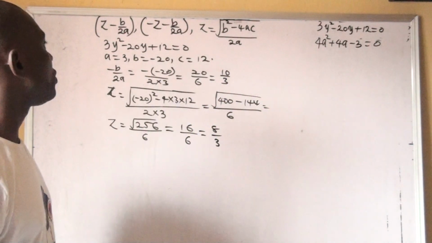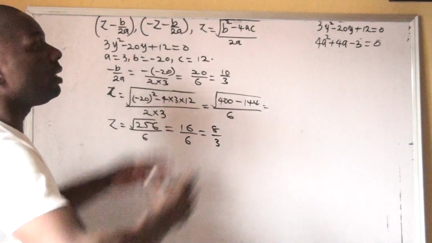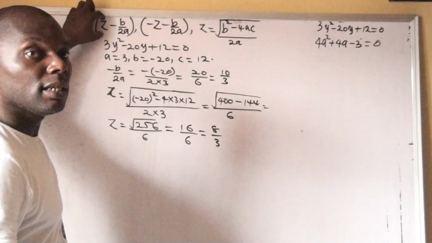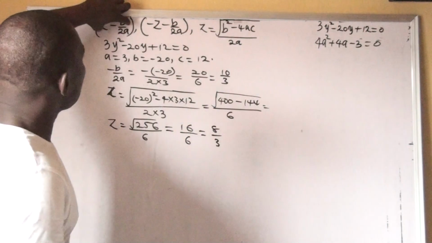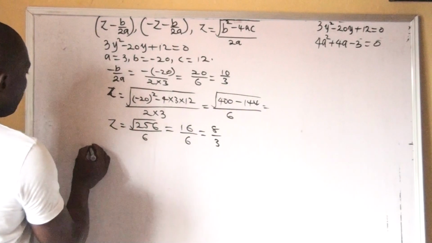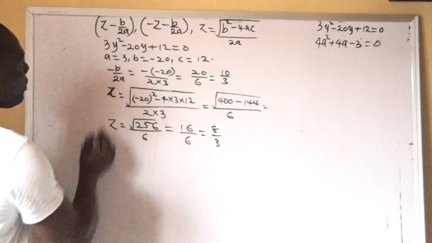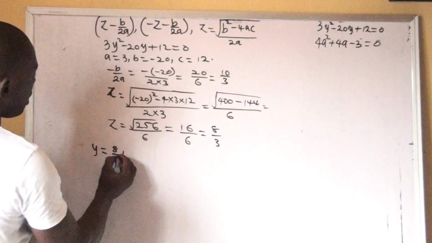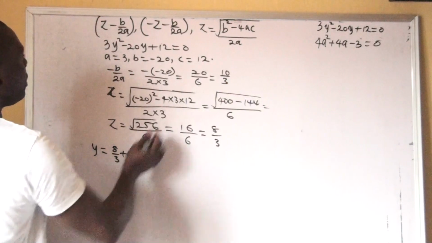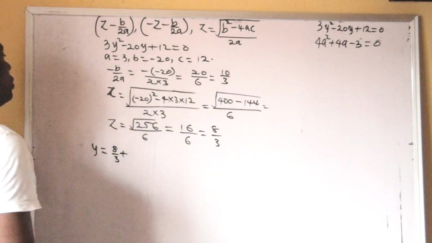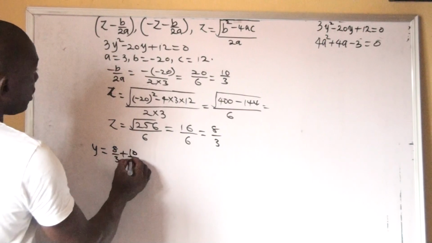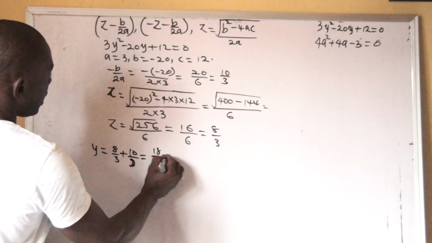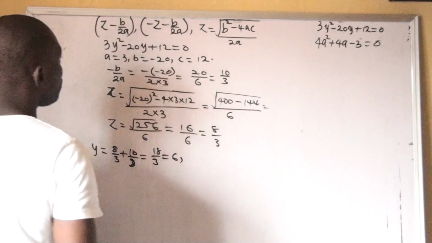Once we have obtained these two values, the roots of the equation are obtained. To get the positive one, we add z to minus b over 2a. So one root y is 8 over 3 plus 10 over 3, which is 18 over 3, and that gives us 6. That's one of the roots.